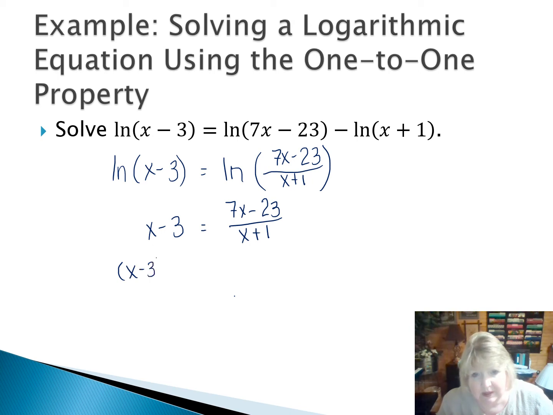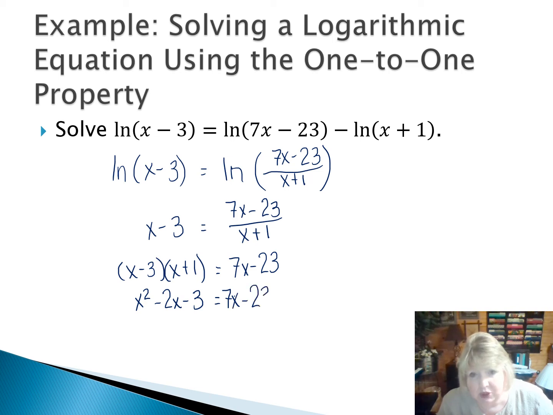So x minus 3 times x plus 1 equals 7x minus 23. Then I'm going to FOIL this out. That would be x squared plus 1x minus 3x, that's minus 2x minus 3 equals 7x minus 23.